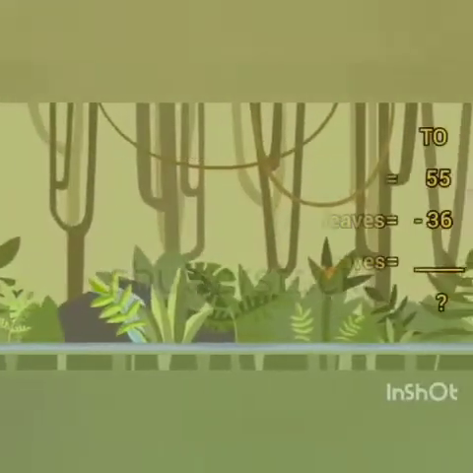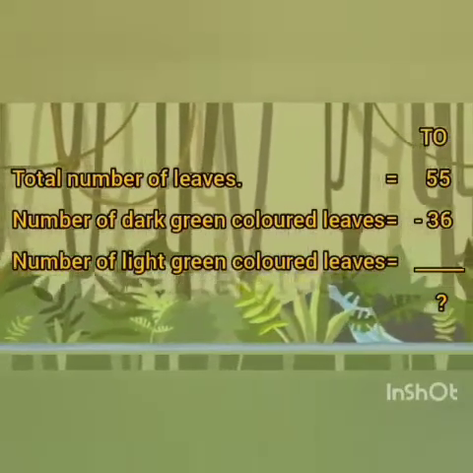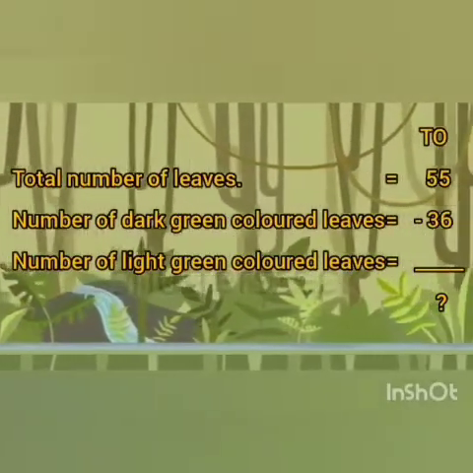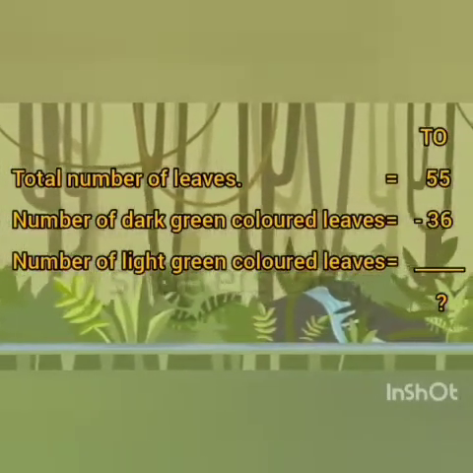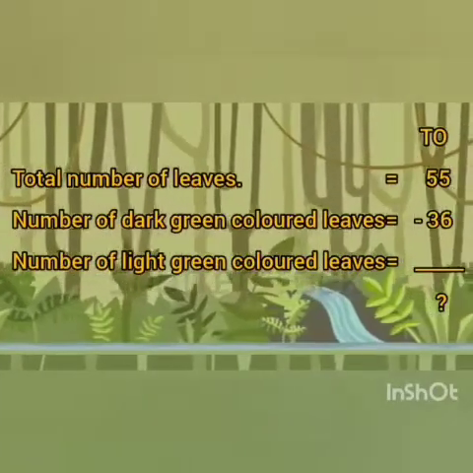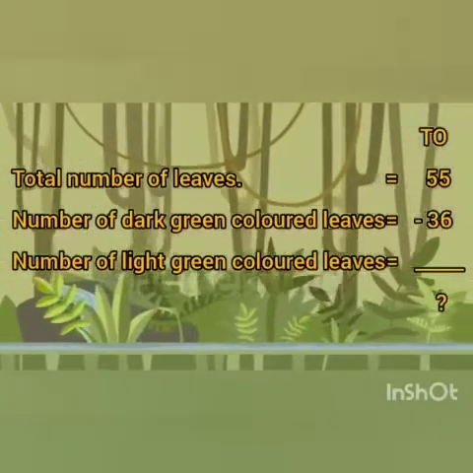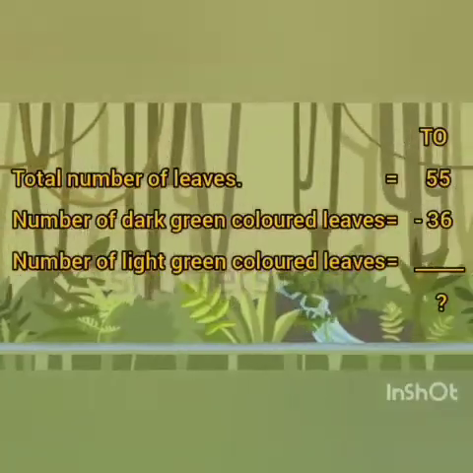So kids, as you all know, the total number of leaves equals 55 and number of dark green colored leaves equals 36. Now to find out the number of light green colored leaves, we will have to subtract 36 from 55. So now let's see the solution of this word problem.